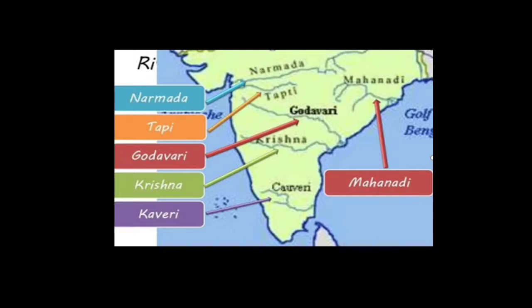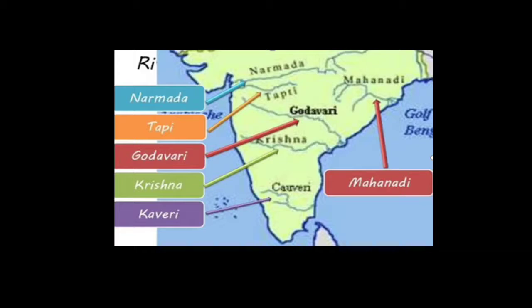If you look into the Himalayan rivers, they have patterns such as the dendritic pattern, the trellis pattern, the radial pattern. But when we look into these kinds of rivers, we will see that they have more of a straight lining pattern flowing to the sea. Most of these rivers are straight, as well as having linear courses.